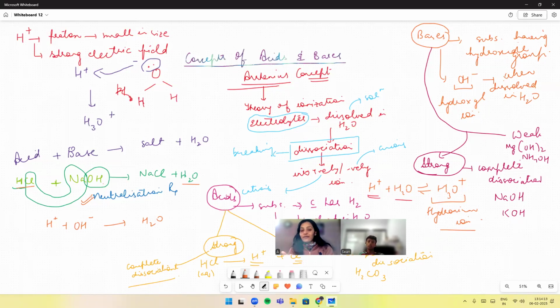Now if there are good sides, naturally there have to be bad sides. What were the limitations of this Arrhenius concept? If you want to progress in any field, naturally you have to work on limitations, right? So we have to see what limitations were posed by this Arrhenius concept.